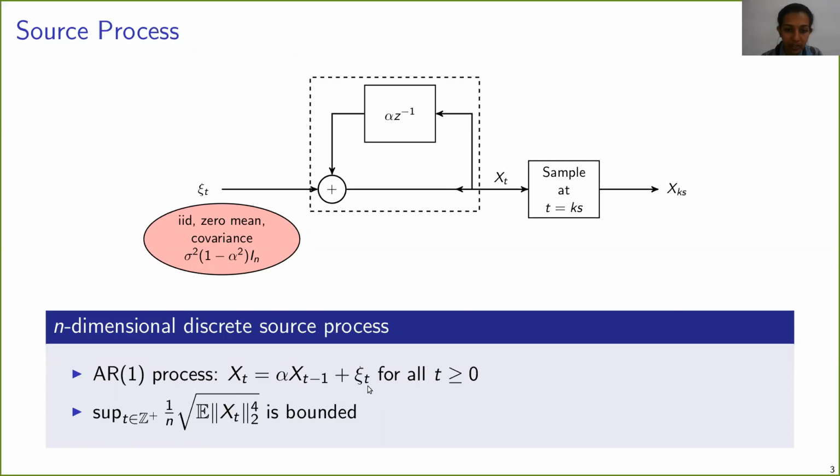This innovation process psi t is IID, has 0 mean, and the covariance is such that the process xt has independent components with a fixed variance sigma square at all times. In addition, we assume that the process has bounded fourth moment. It is this process that we sample, encode, and send across a rate constrained channel.